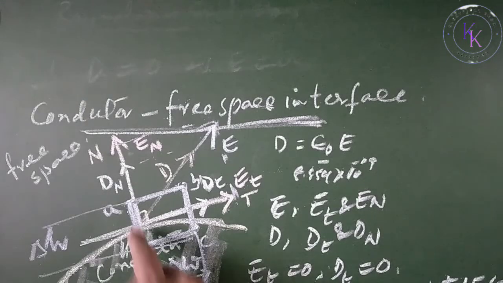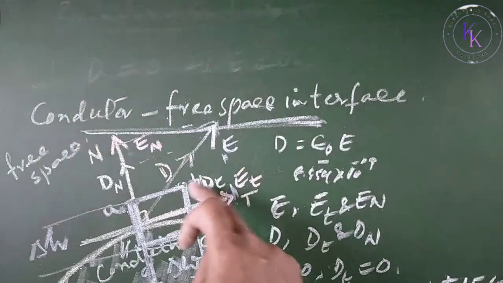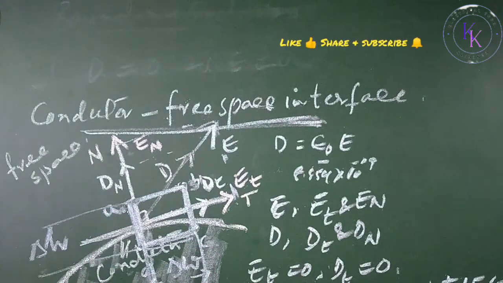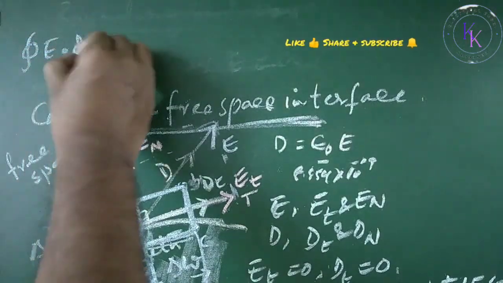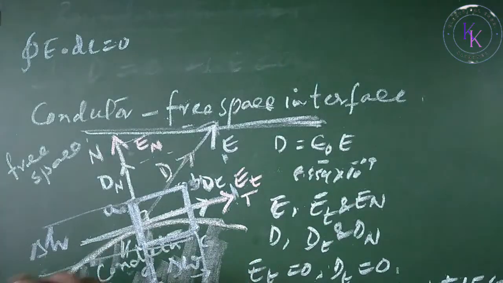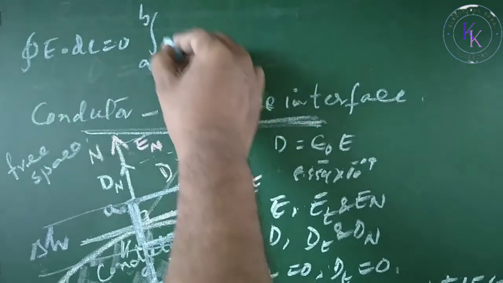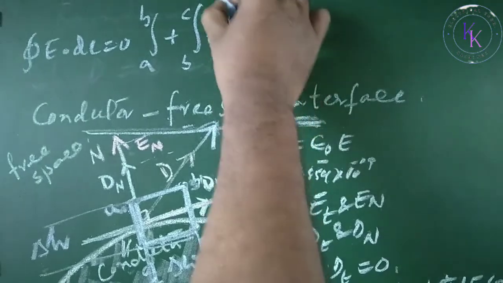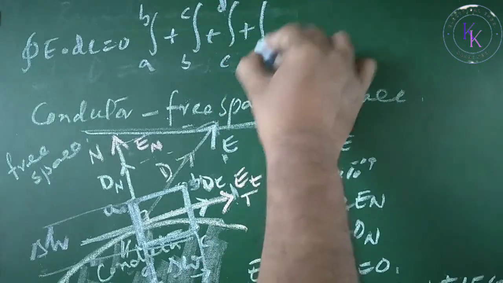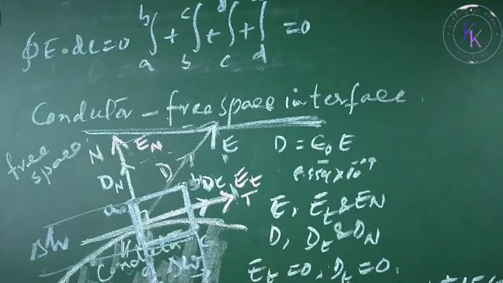Now consider a closed surface ABCD A. Let AB and CD equal delta W, and BC and AD equal delta H. We know the closed loop integral of E dot dl equals 0. Integral A to B plus integral B to C plus integral C to D plus integral D to A equals 0.